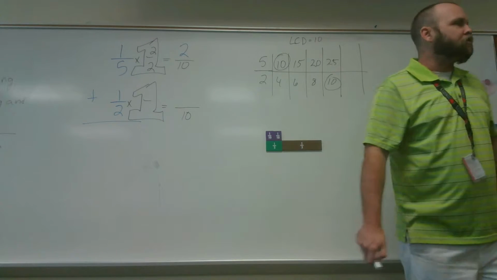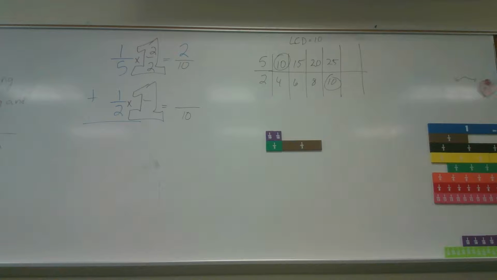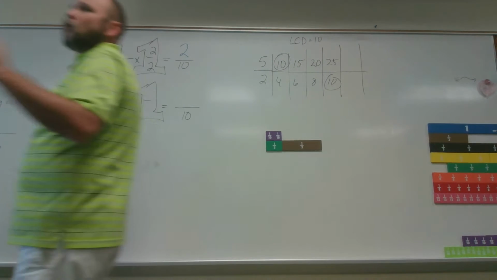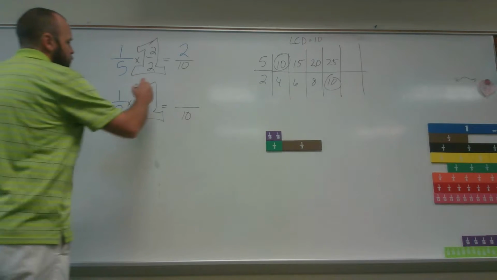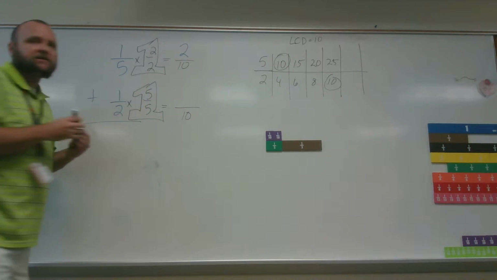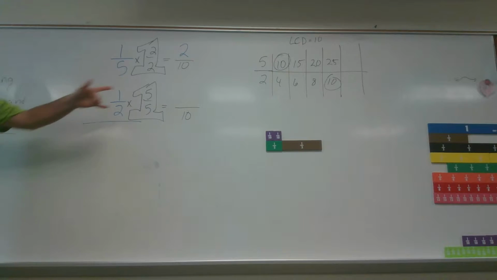All right, so now we need to change 1/2 so that it has a denominator of 10. So, Hannah, what would I multiply by here? 5 over 5. Because if a fraction has the same numerator as denominator, it equals 1 whole.